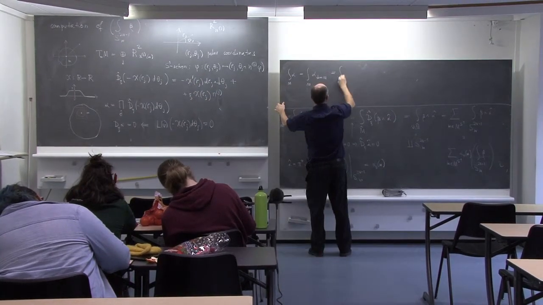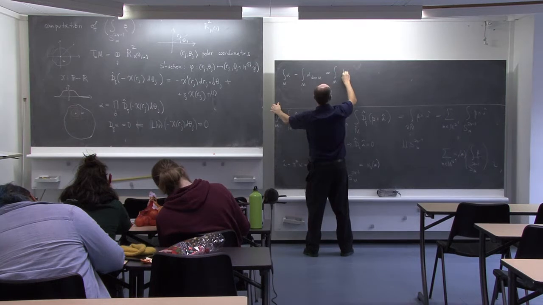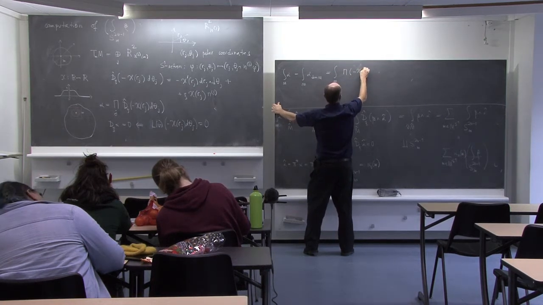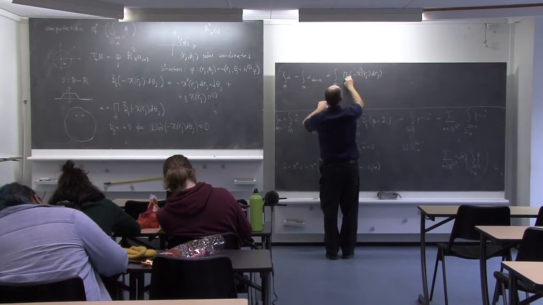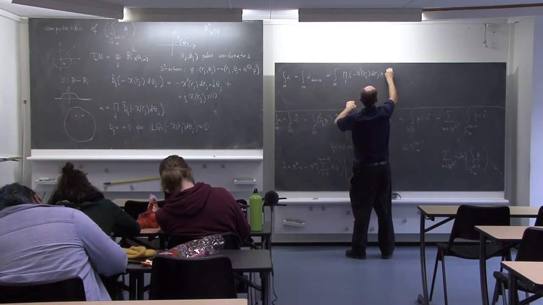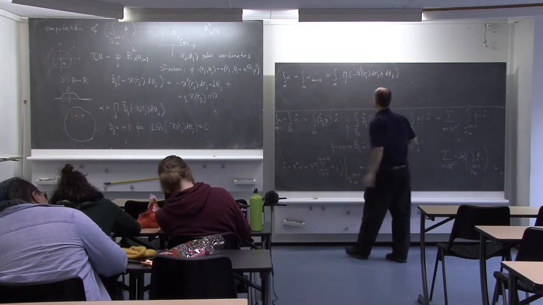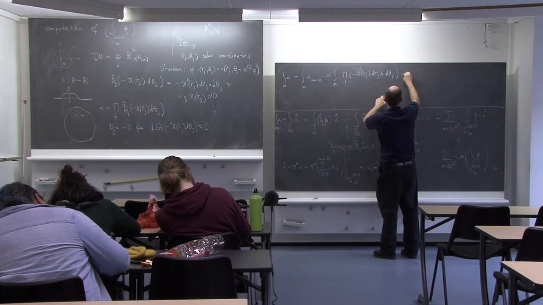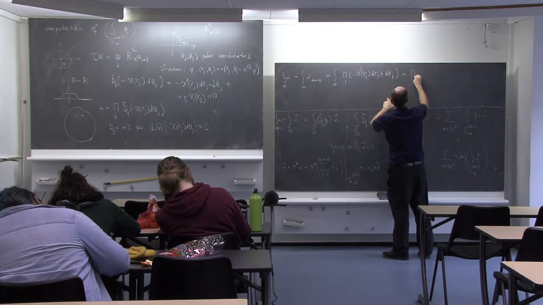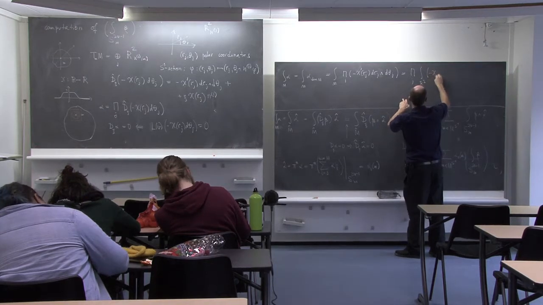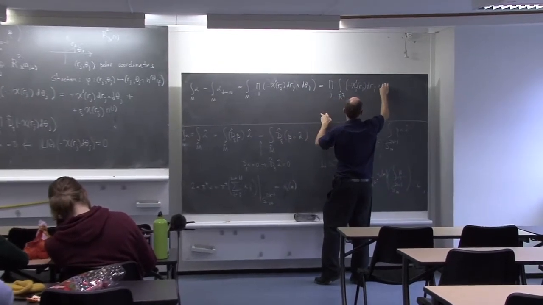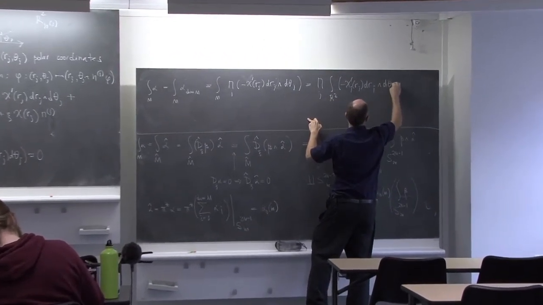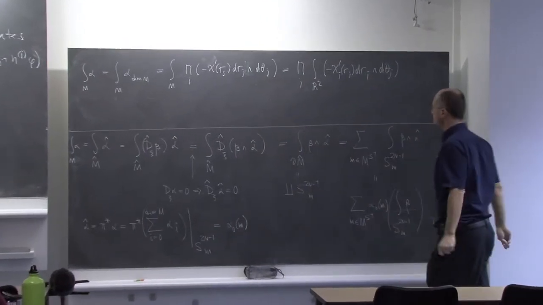So the integral over m of the product of minus chi prime r_j dr_j wedge d theta_j is the same as simply the product of integrals over R2 of minus chi prime r_j dr_j wedge d theta_j.